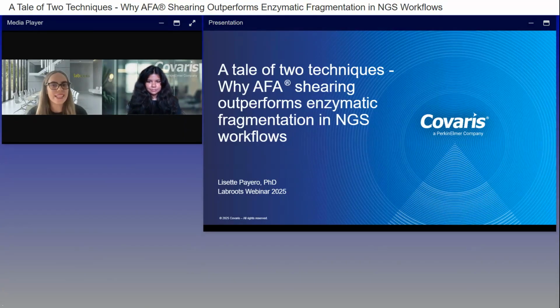The next one that we have here says, what is the cost of AFA? Sure, that's also a great question. So we do have a range of ultrasonication instruments depending on the needs of your lab. When we talk about the cost of AFA, I think it's really important to take a holistic approach that includes the cost benefits of your sample processing being improved.